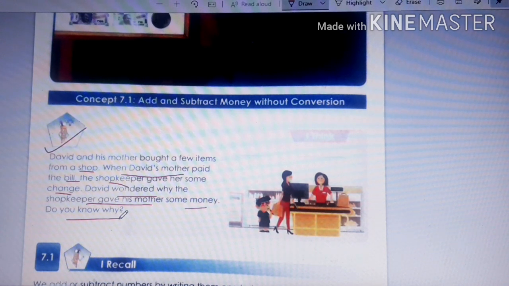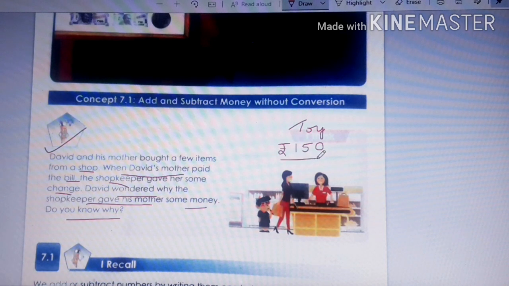You must have seen your parents when they go for shopping. When you go with your parents, suppose you like to buy a toy and it is of, suppose, 150 rupees. What is the cost of the toy? 150 rupees. Okay, you know that rupees is the Indian currency.